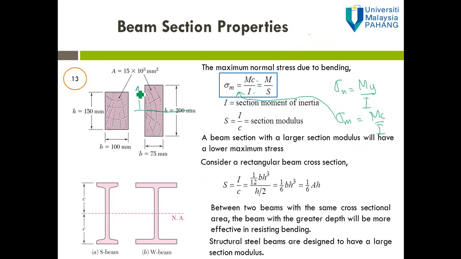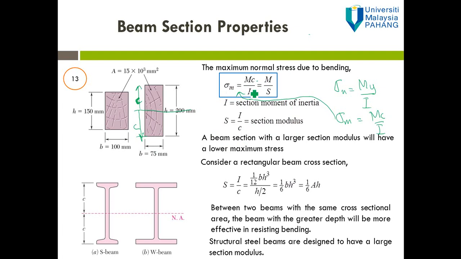Here will be the c, the distance from the neutral axis to the top surface or bottom surface, or here, c. In other words, the stress will increase as c is increased, but the stress will decrease when I is decreased.